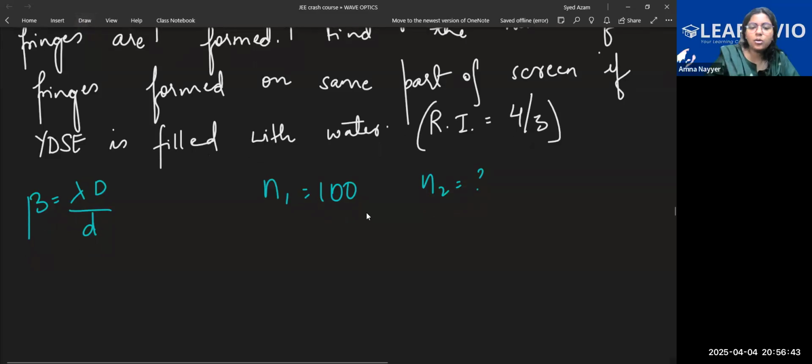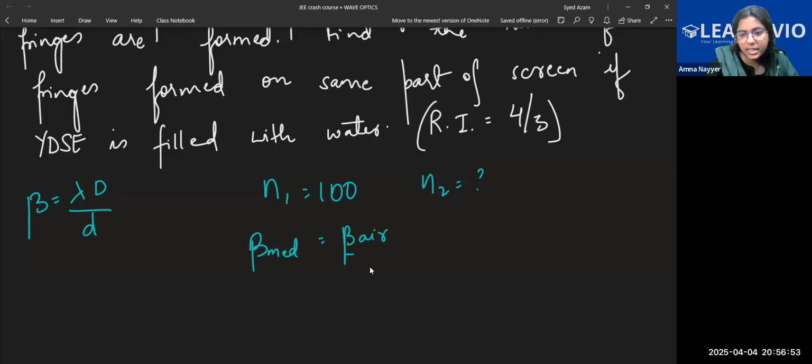Now it is saying the whole setup is dipped in water with a refractive index of 4/3. So the new fringe width in this medium will be the fringe width in air divided by this refractive index, 4/3. It's better if you directly take the ratio.